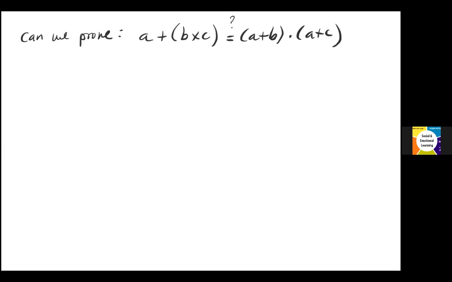Has anybody been asked to prove a mathematical statement before in general? Well, first of all, one thing that you should think of if you're ever asked to prove a mathematical statement is, do you think it's true? Do you think this is true? How would you decide if this was true?